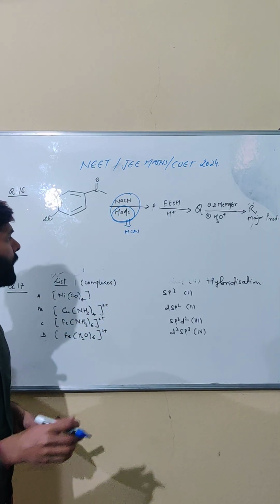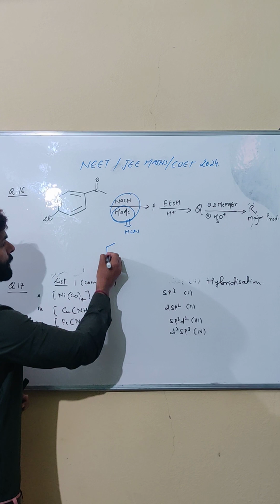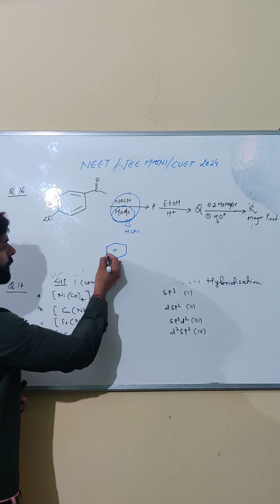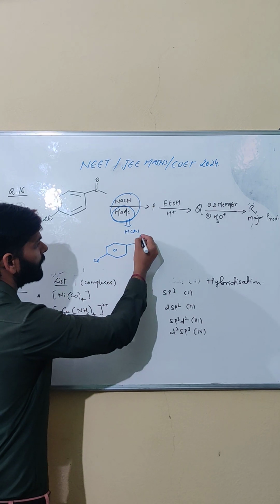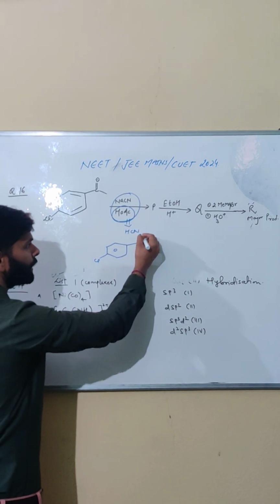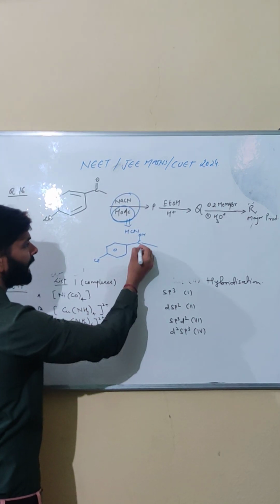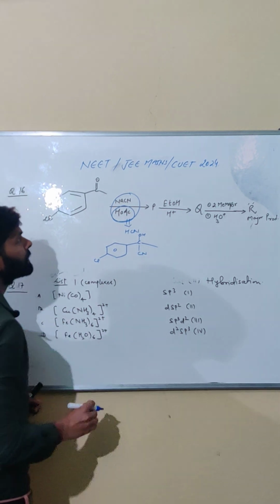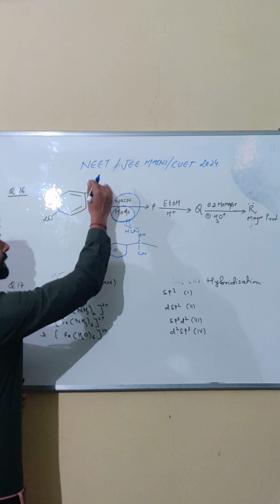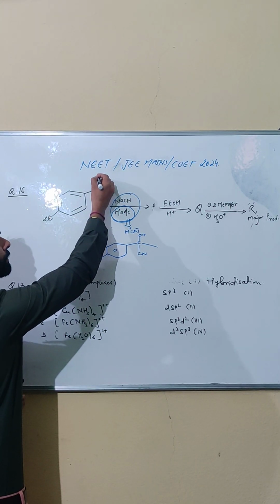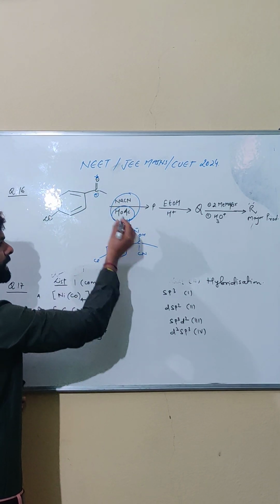that cyanohydrin. So first what we will get, chlorine will remain at fourth position, para position, and this O will get converted into OH. This is methyl group, and here you will get CN. How? HCN, H plus, CN minus. This CO, minus charge, plus charge.